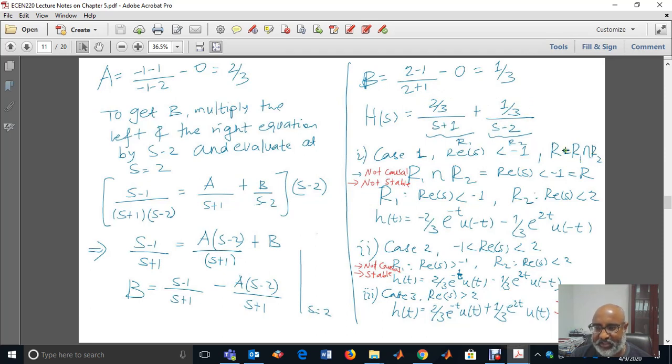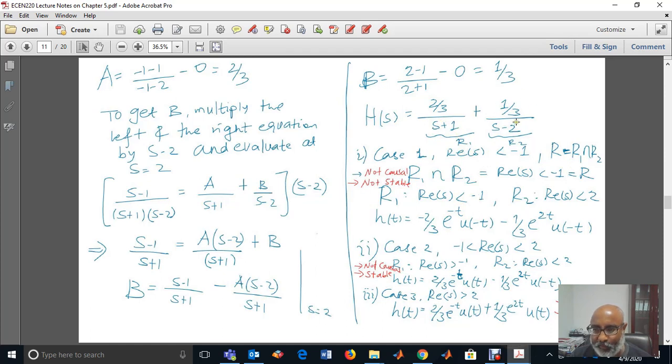So the intersection of the two is less than minus 1. In that case, what should be R1? The region of convergence of R1 should be less than minus 1 to be in the common region.